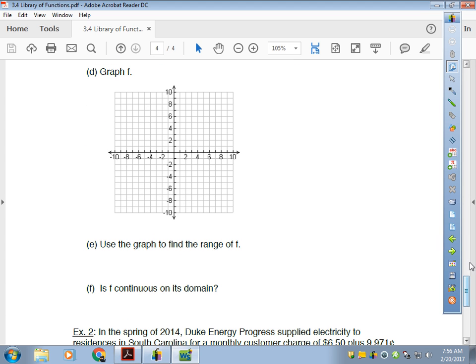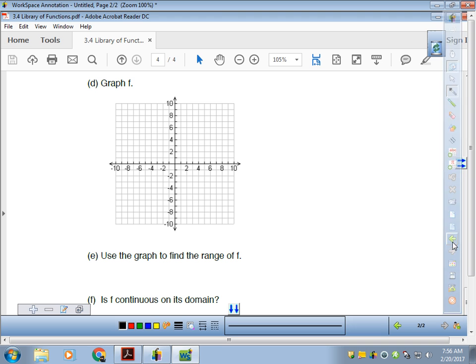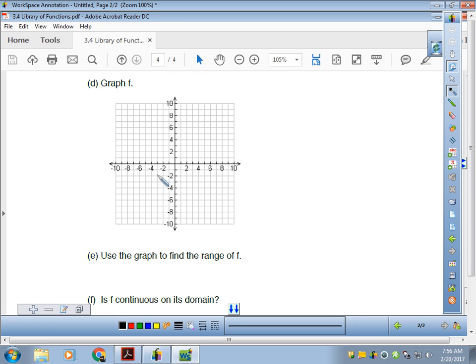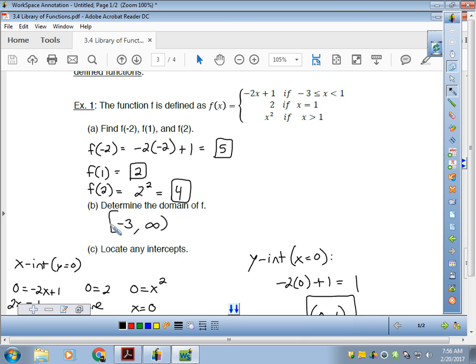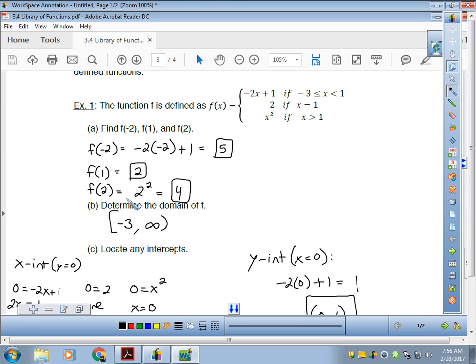The next thing we're asked to do is to graph this function. Now, the first thing I'm going to do is plot all the points I already know. So I have (-2, 5). That's a point on my graph. I have (1, 2). I have (2, 4).